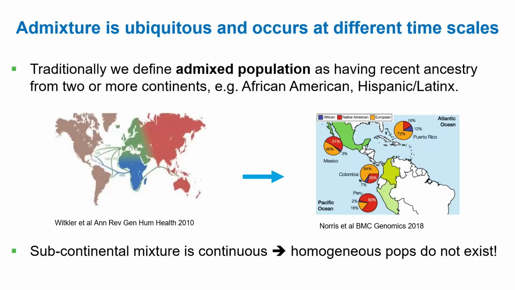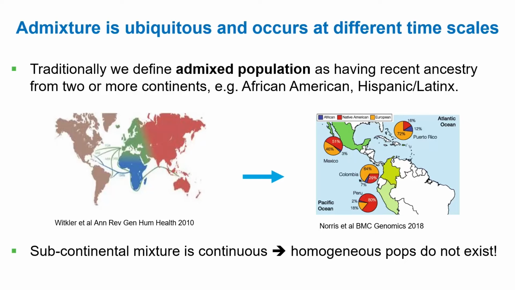All right, so when we think about admixture, generally we start thinking about admixture between different continental ancestry sources. So we typically think about African Americans, we think about Hispanic Latino Americans, which are a result of the transatlantic slave trade and other forced migrations.